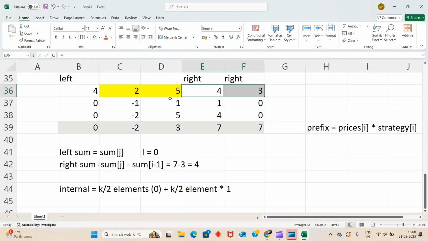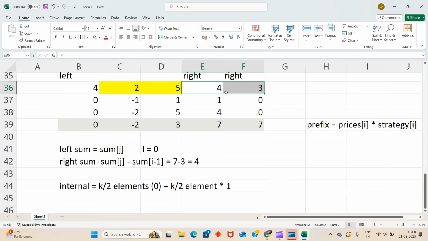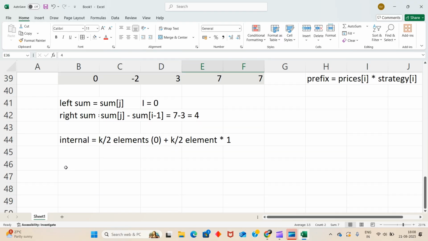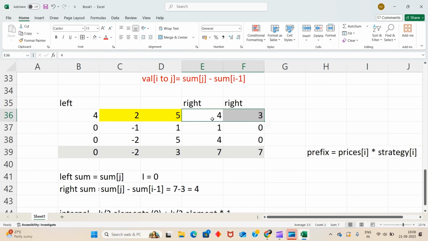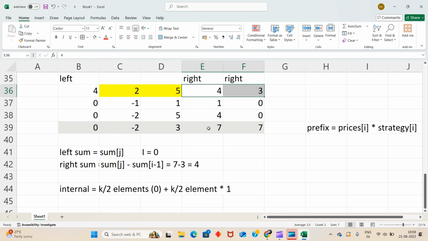Instead of calculating the sum every time we consider this subarray, we can pre-calculate this. That means we want the sum between these two. Just now we calculated 7 minus 3, but that was multiplication and we just want the sum.